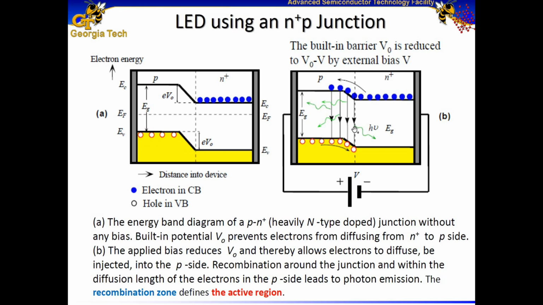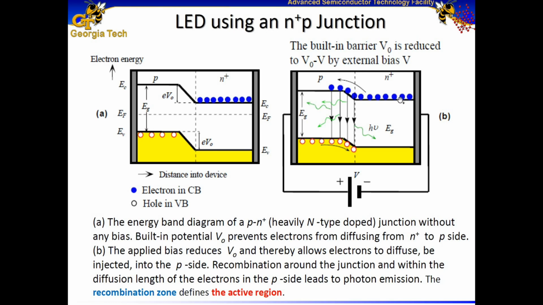However, under the application of a forward bias voltage, we actually drag down the energy levels on the p-side of the semiconductor, reducing this barrier, allowing for carriers to cross over into the other layer.